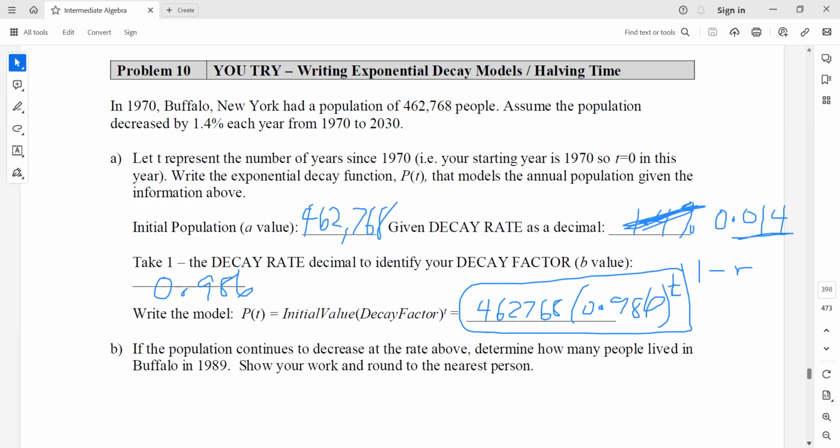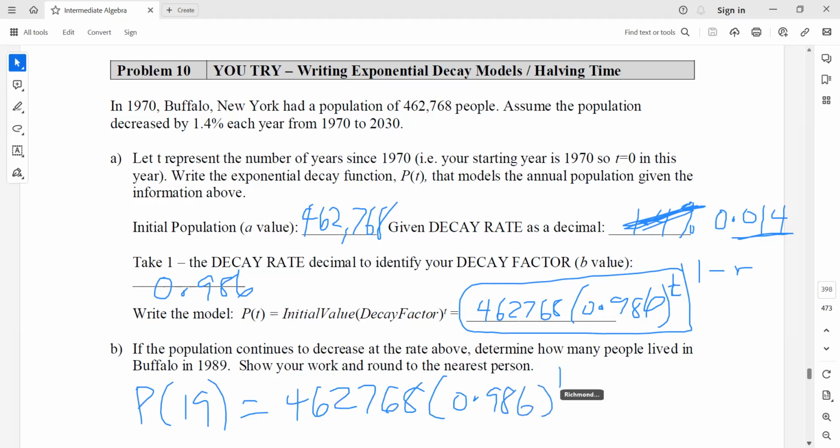Okay, now part B says if the population continues to decrease at the rate above, determine how many people lived in Buffalo in 1989. Now in 1989, if someone was born in 1970, that person is going to be 19 years old. So you're going to have p of 19, put it in the equation, to the power 19.